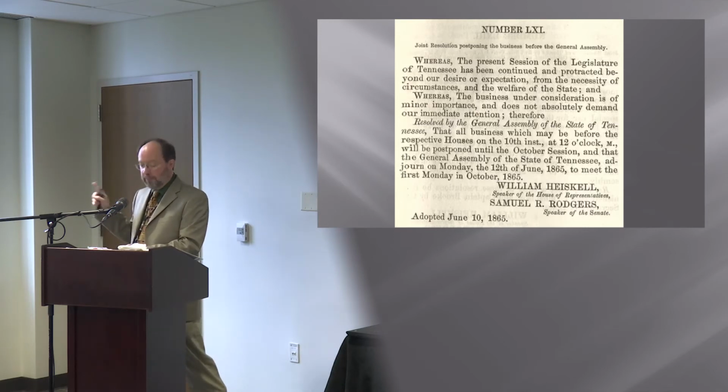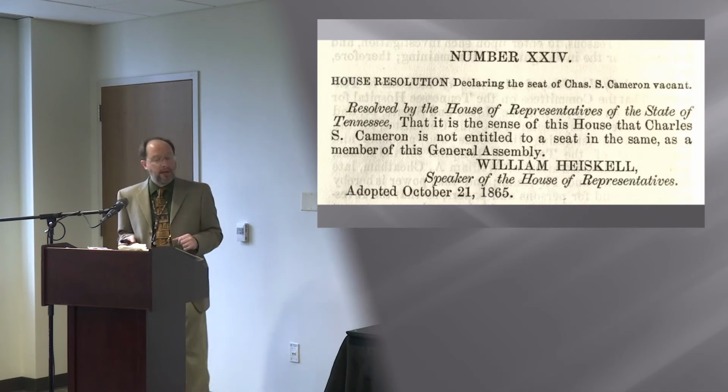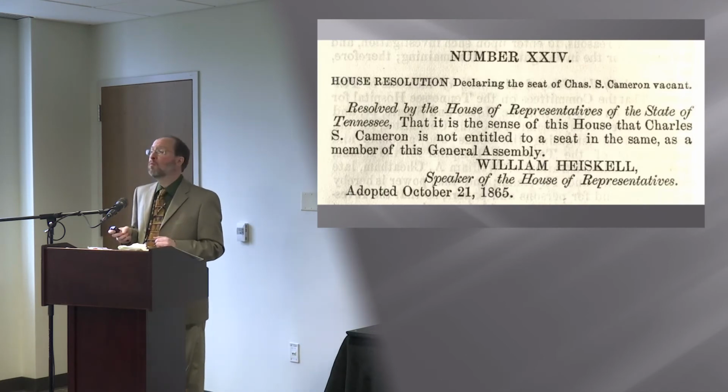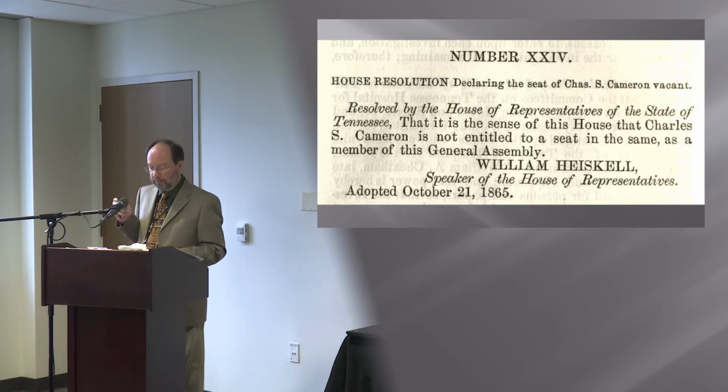Remember, these were the same members elected in March 1865, and when they reconvened, they had a few more problems with their membership. Representative Charles Cameron was declared not entitled to a seat and was removed from the General Assembly.